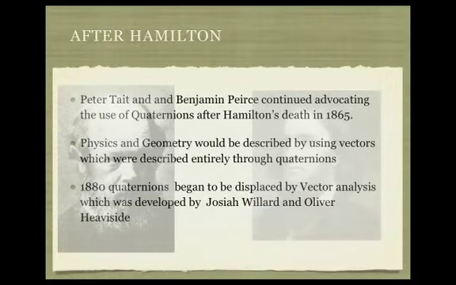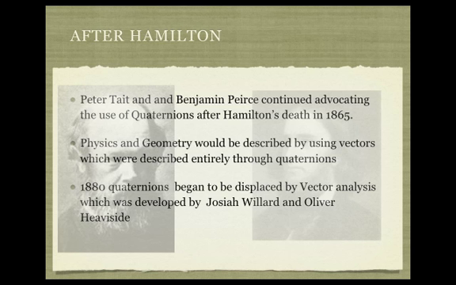Okay, let's look at after his death. When Hamilton died, he had several successors that continued advocating the use of his work. In 1865, two people, Peter Tait and Benjamin Peirce, said that quaternions can be used in physics and geometry to describe vectors.